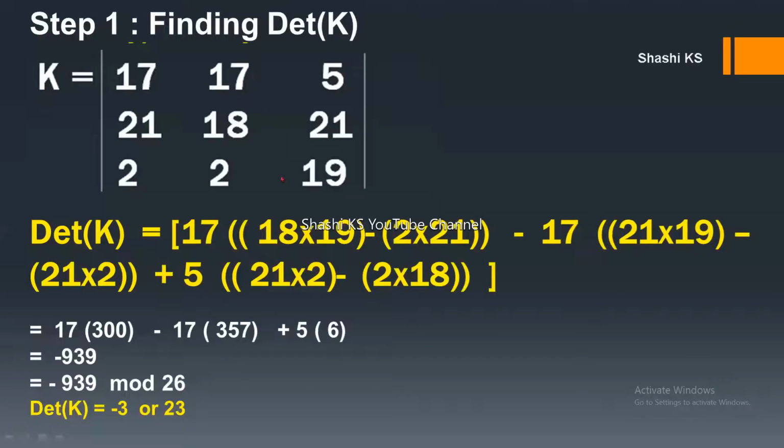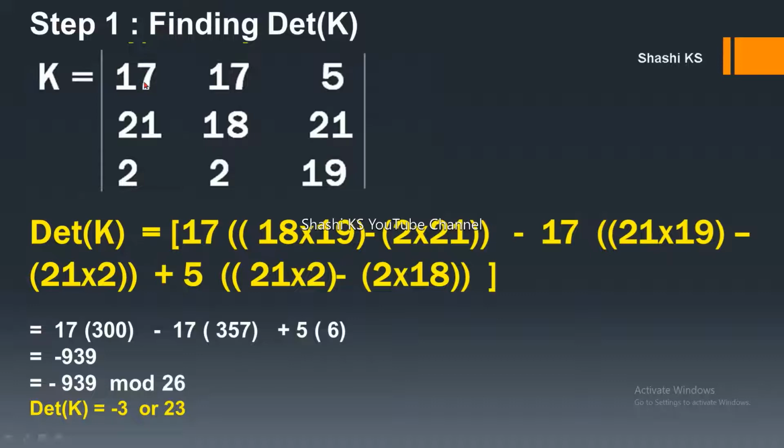So first we take the key matrix and find the determinant value of K for the key matrix. Our key matrix is this one. This is the same key we use for Hill cipher encryption also. So now we find the determinant value of K. We take the top row elements and find the product value of its minors, and then we multiply 17 with the value which we have got from its minor.